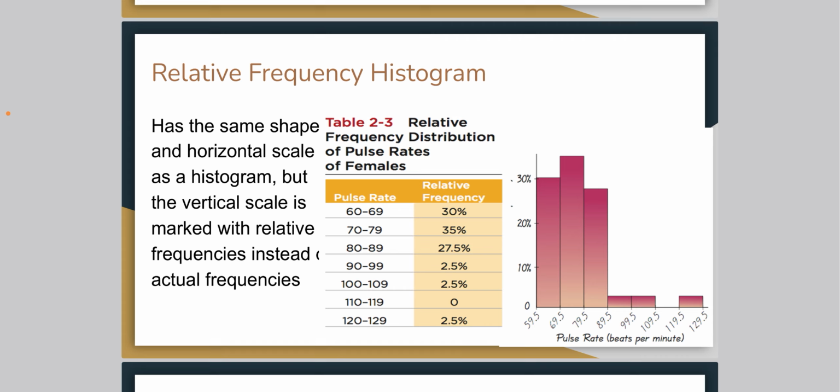You can still see the gap for the 110 to 119 class. So just notice that the histogram will look the same, but your vertical scale will match the relative frequency with the percent instead of the actual numerical frequency.